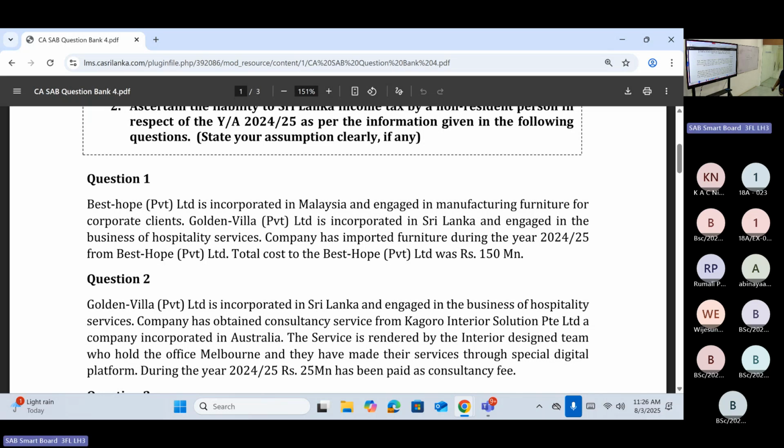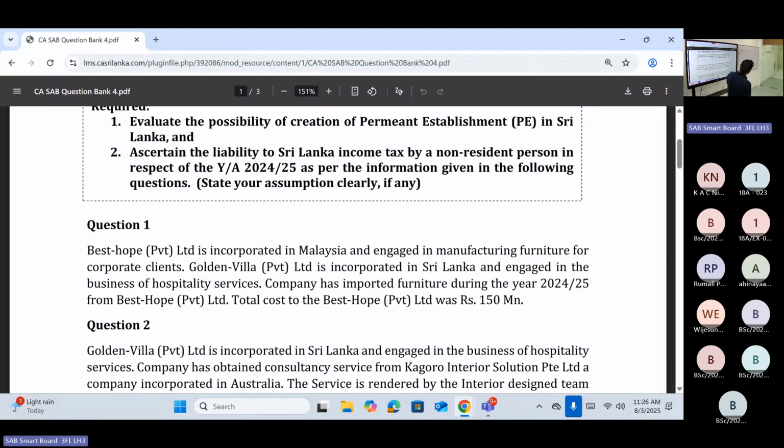So it is asking two questions: evaluate the possibility of creation of a permanent establishment, and tax liability. Permanent establishment or not?